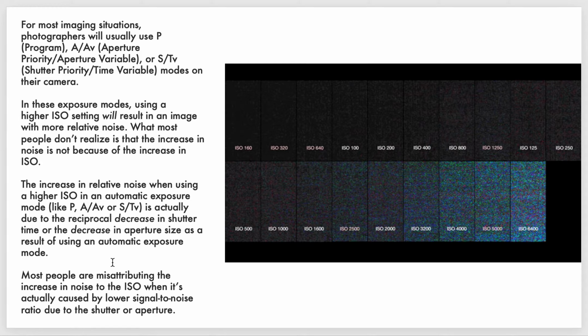So most people misattribute the increase in noise to ISO when it's actually caused by that lower signal to noise ratio due to the wrong shutter or aperture setting. Okay, so it's the ISO plus the wrong shutter or aperture that creates noise.